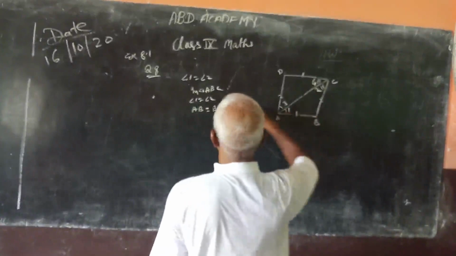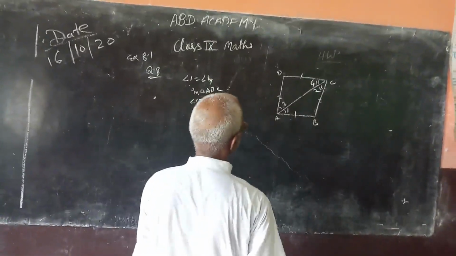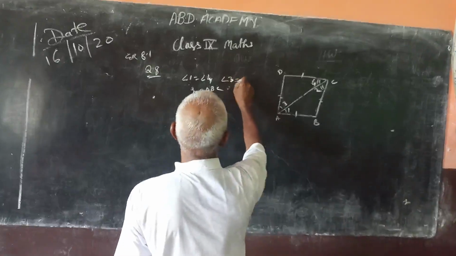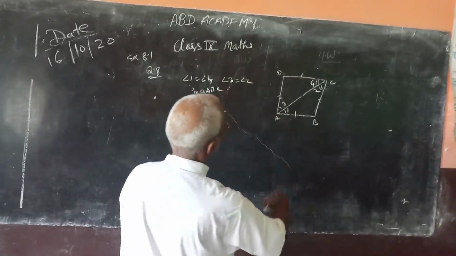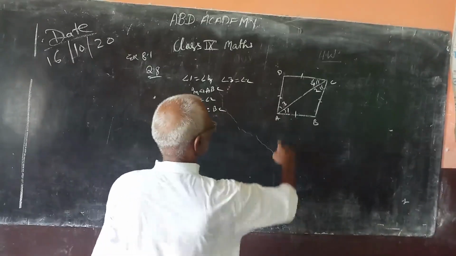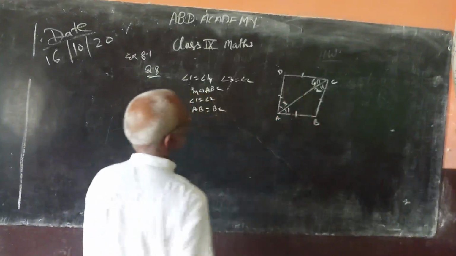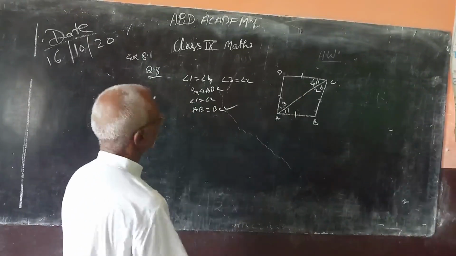1 and 4 are equal here. Alternating, 3 and 2 are equal. But given that 1 and 3 are also equal, so 3 and 4 become equal, and 1 and 2 become equal. And when 1 and 2 are equal, then AB is equal to BC.